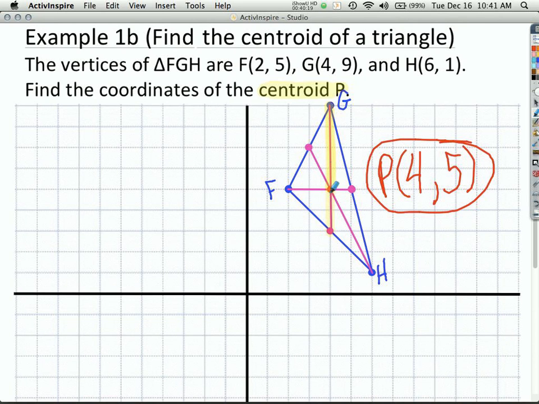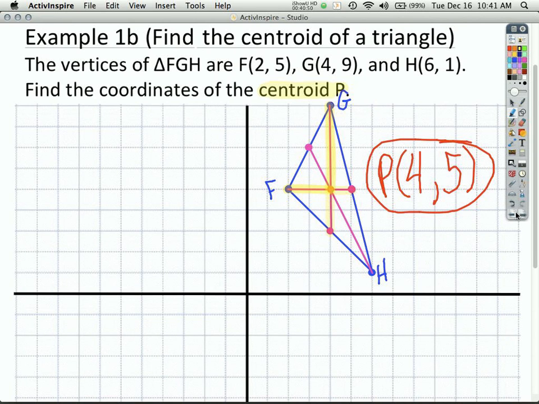And the whole median is 6. 4 out of 6 is 2/3. You can also see it right here. F to the midpoint of the opposite side is a total of 3, but from F to the centroid is 2 out of the 3. So in both cases, it works out to 2/3. So we have also shown a visual proof of the theorem. Does anyone have any questions on what we did?